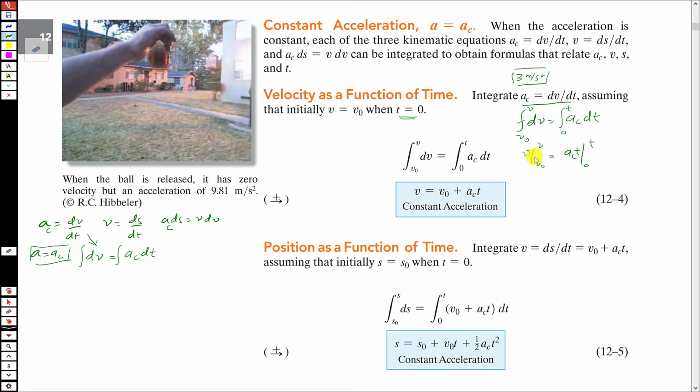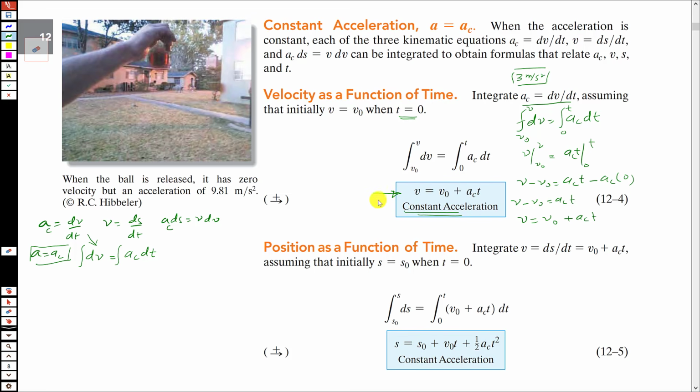Applying the boundary conditions, v minus v naught equals ac t minus ac into 0, so v minus v naught equals ac t. The final velocity is then v equals v naught plus ac t. This equation is applicable only when the acceleration is constant.